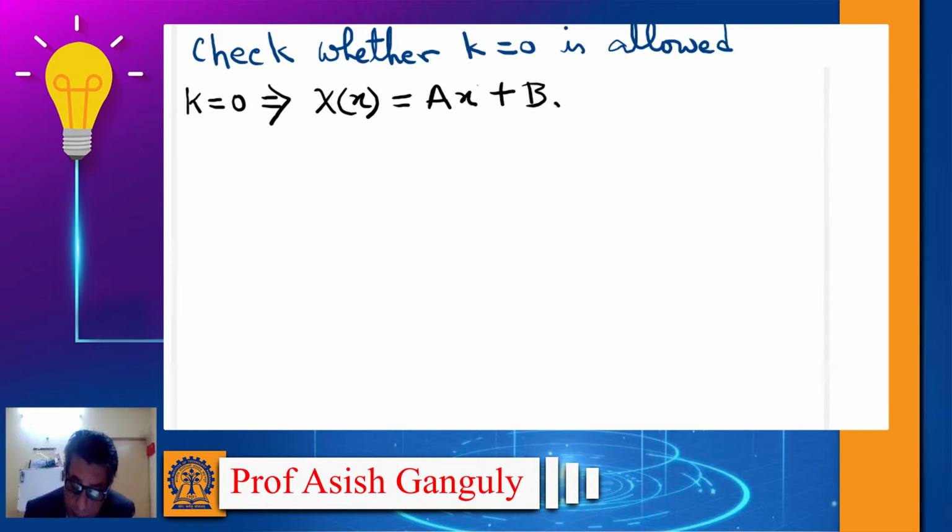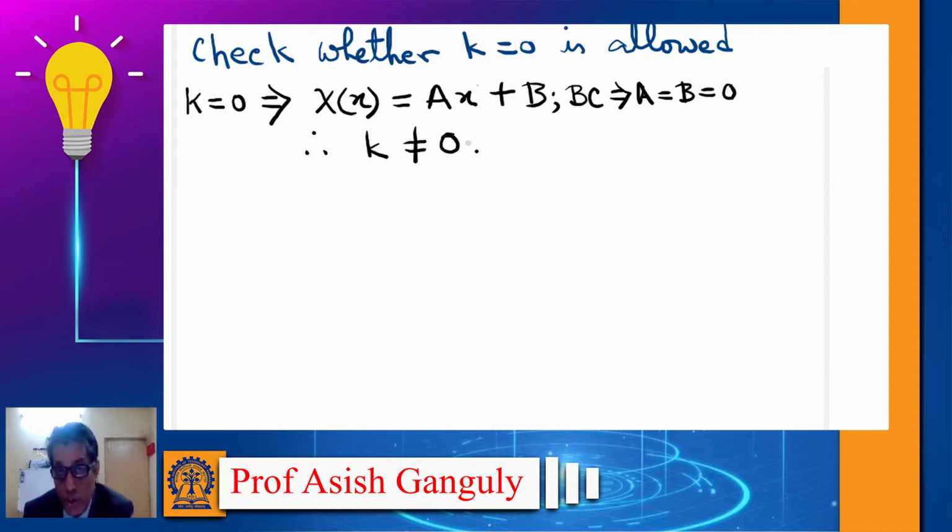Then if you apply the boundary condition, at both ends it should be 0. So you will get a equal to b equal to 0. That means capital X equal to 0. It is not allowed because an eigenvector must be non-zero. So therefore you conclude here that yes, k not equal to 0.